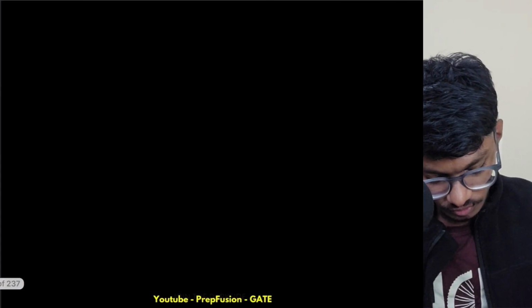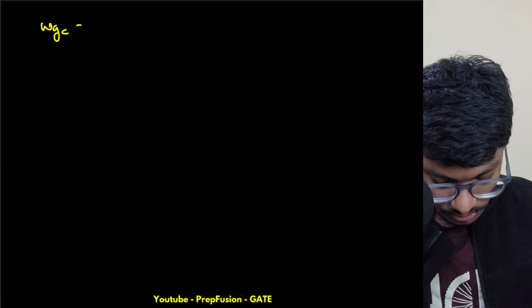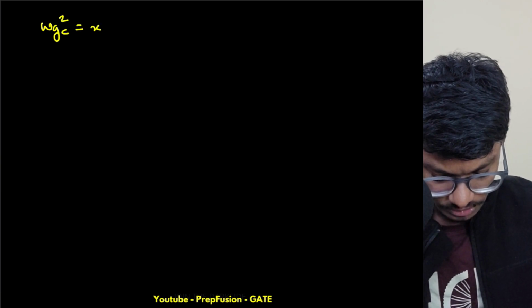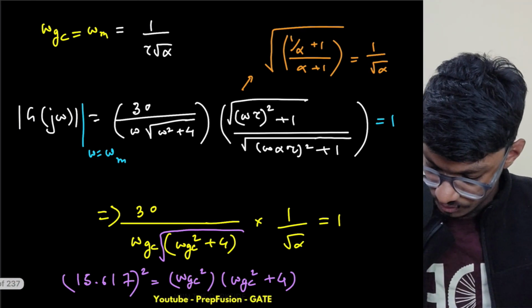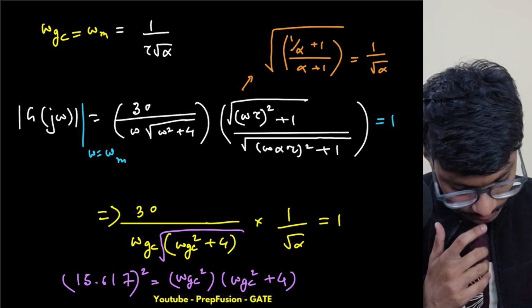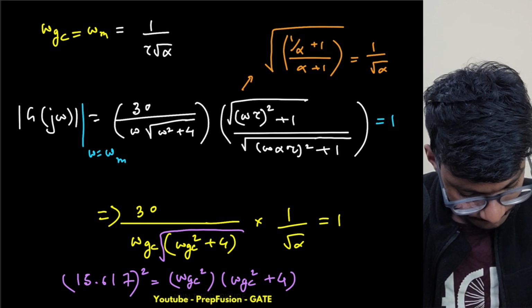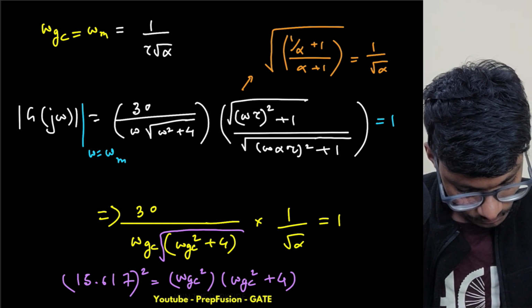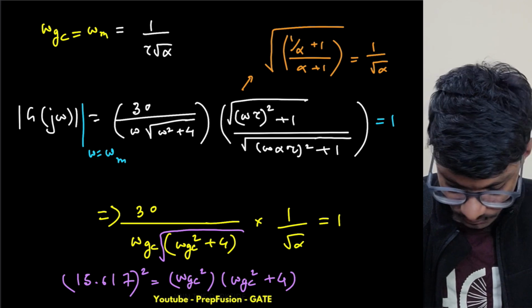So I will again assume omega gc square equals to x. So if I just square this, what will this become? Okay, am I making any mistake over here? Just hold on a second.